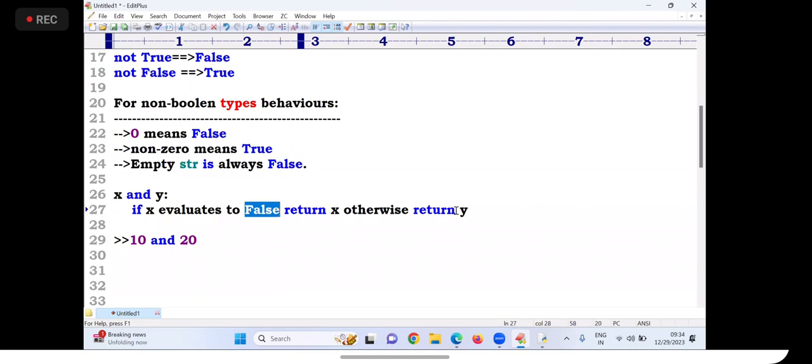Once it is true, the output is Y. If X is false then the output is X, otherwise Y only. Is X returned only if X is true? Wrong. X will be returned only if X is false. Otherwise, the Y value.